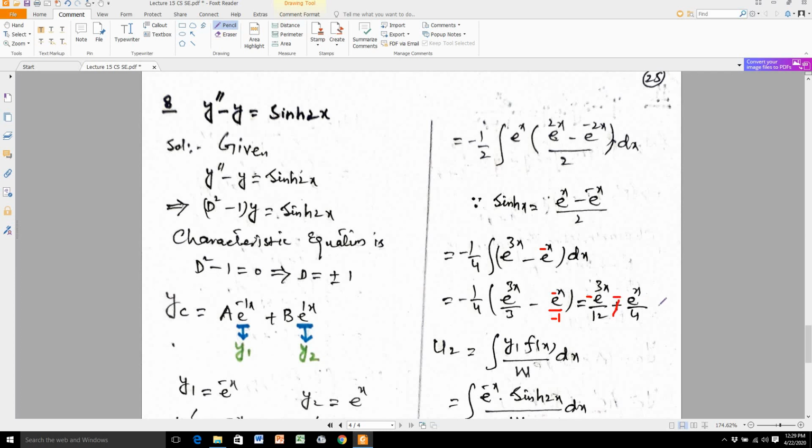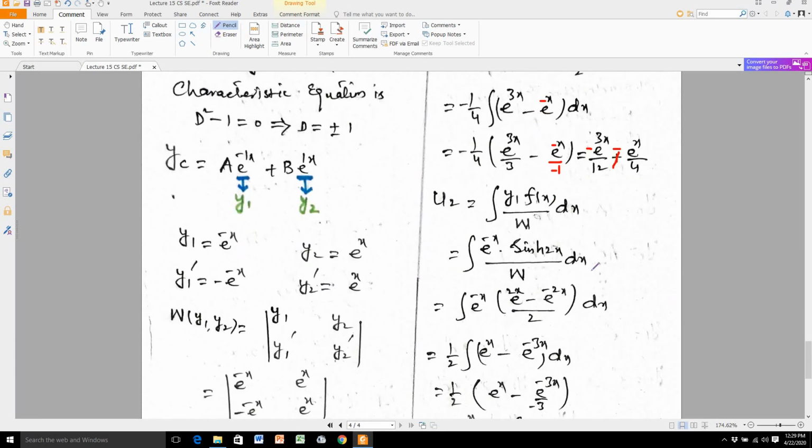Now we move towards u2, that is integral y1 f of x divided by the Wronskian. Here I substitute their respective values, the value of y1, that is e raised to the power minus x, and f of x, that is sine hyperbolic 2x, divided by the Wronskian. E raised to the power minus x, then the value of sine hyperbolic 2x is equal to e raised to the power 2x minus e raised to the power minus 2x divided by 2.